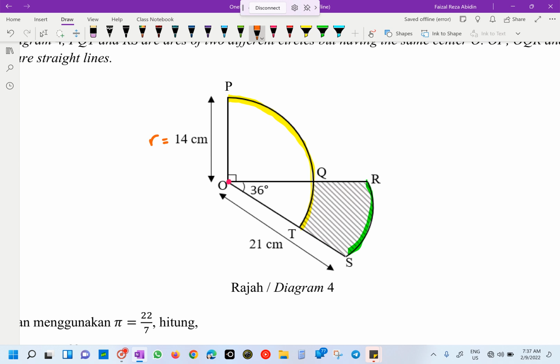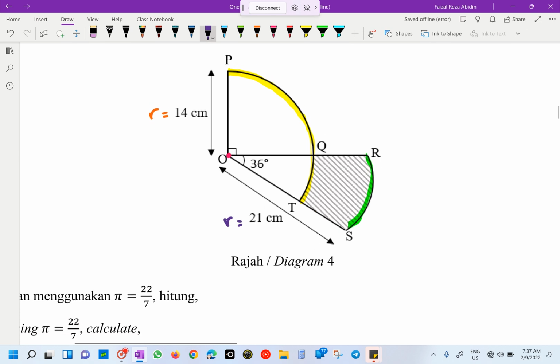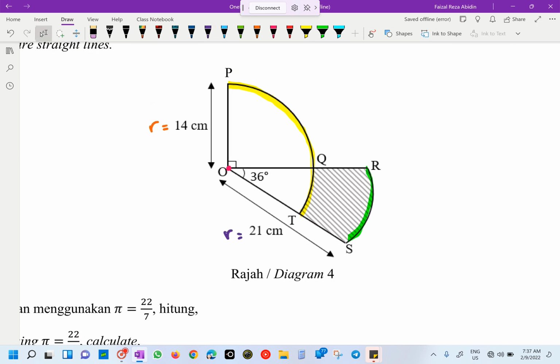And 21 centimeter there is going to be the radius for ORS, the whole thing, ORS. Now, if you look over there also, it's given 90 degrees here. Other than that, none.